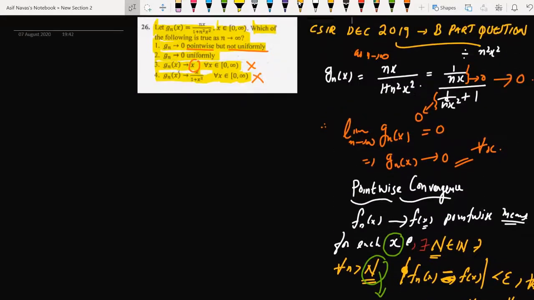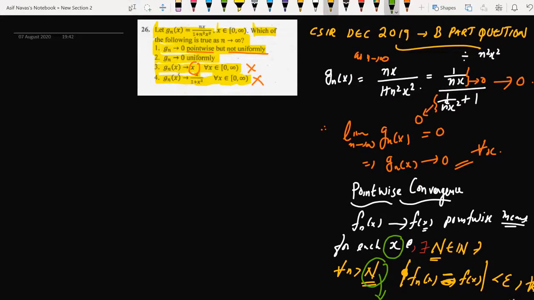Now we will check what will happen here. All uniformly convergent sequences are pointwise convergent. So it is convergent to 0 pointwise, already.